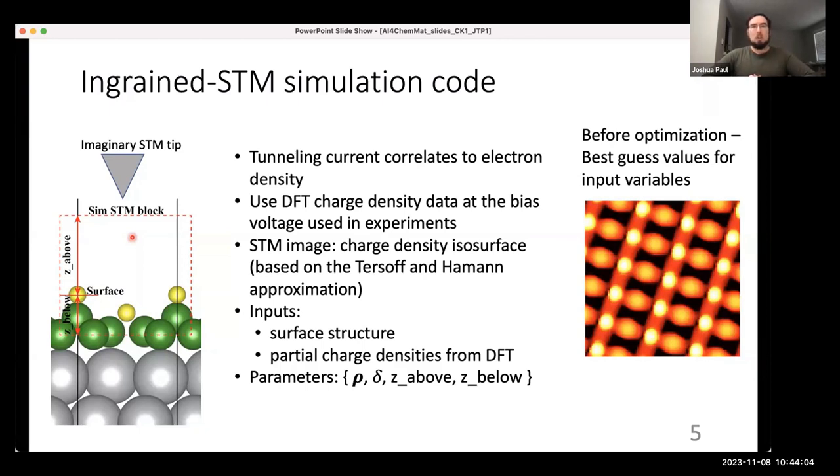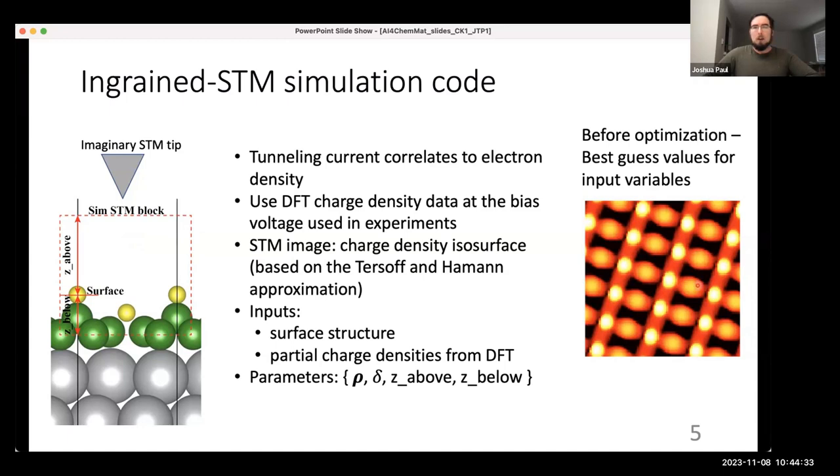We can also stretch and squash the image, rotate the theoretical image relative to the experimental, all sorts of optimization parameters that are automatically passed through. On the right, we have for the theoretical system we're making a guess for, what the initial image is based on the parameters that we input.